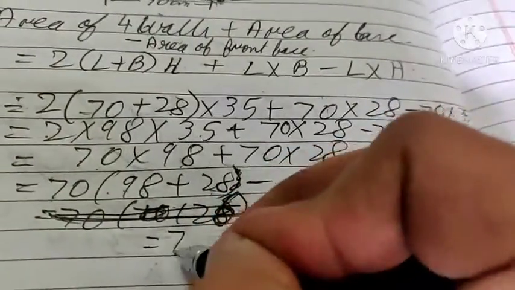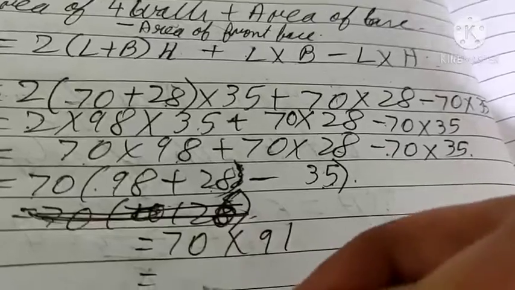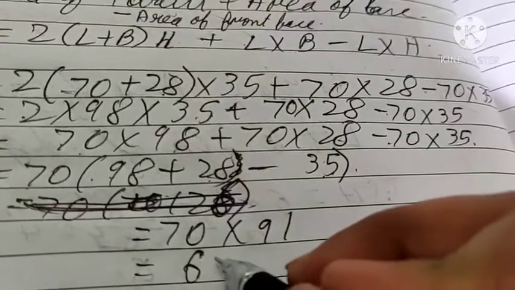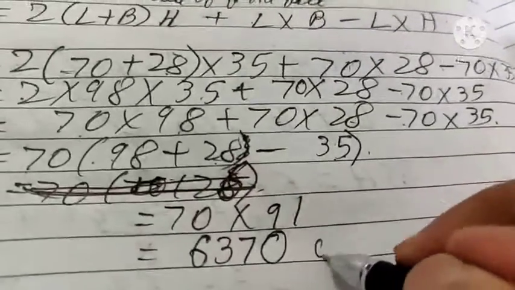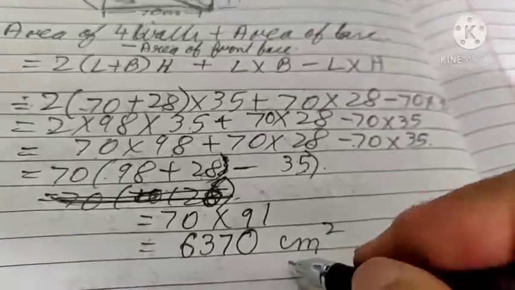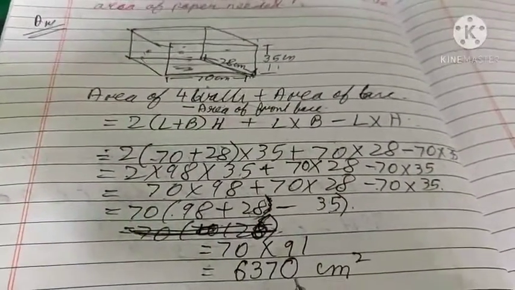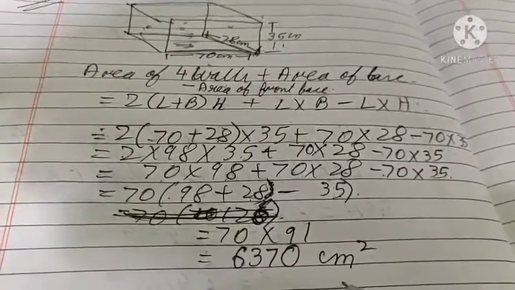So that is 70 into 91, and 91 into 7 is 637, and a 0. So this is centimeter square. This is the area to be covered with paper. So this area of paper will be required to cover the face. Okay, this is the answer.